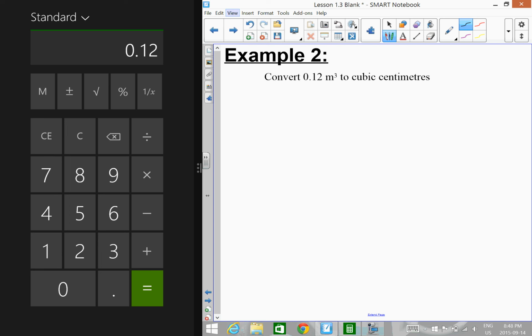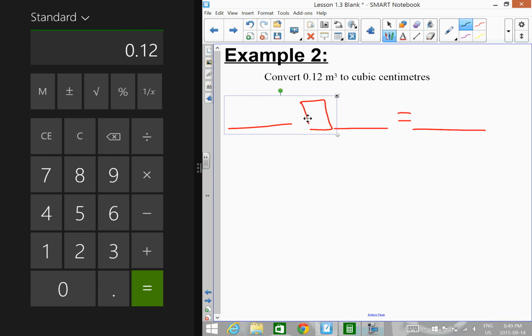Convert 0.12 meters cubed to cubic centimeters. Son of a gun, we actually did this by accident on the previous example. But let's do it again. Let's just convert this like any other conversion question. Skeleton equation.